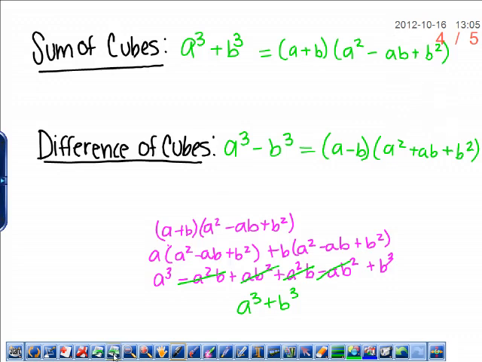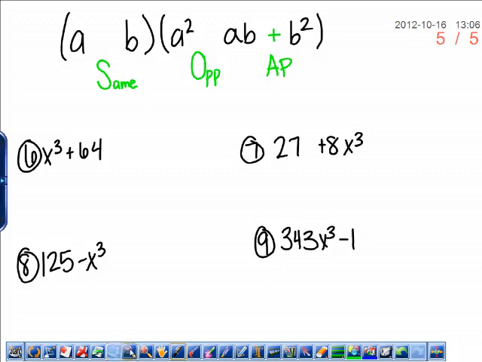Okay, so to remember this, you can use the word SOAP. S-O-A-P. SOAP. S stands for same. The first sign is the same. O stands for opposite. The next sign is the opposite of the first. And the AP, what do you think that stands for?